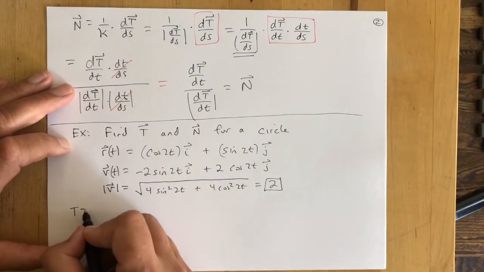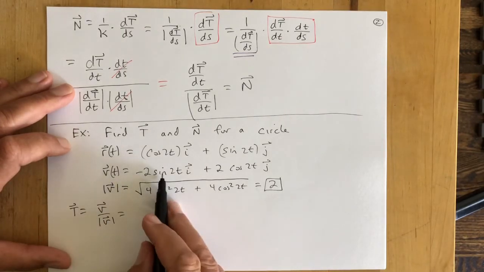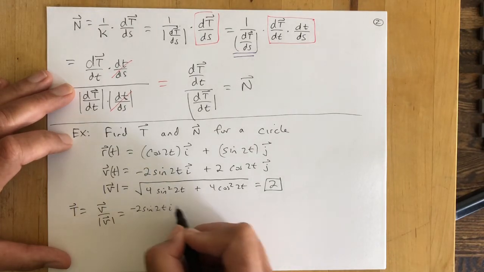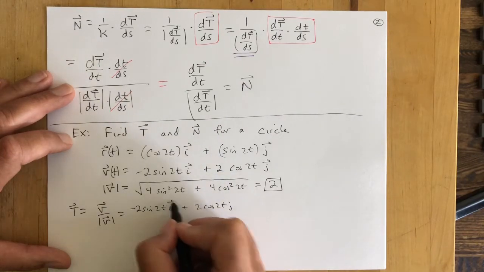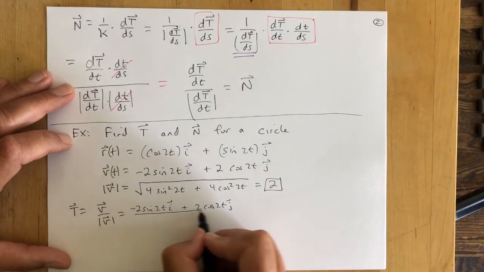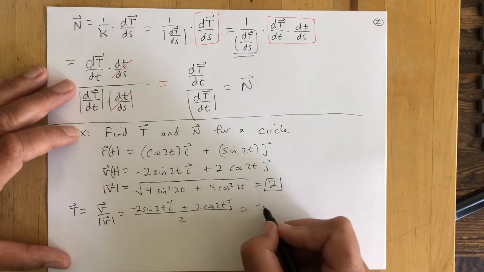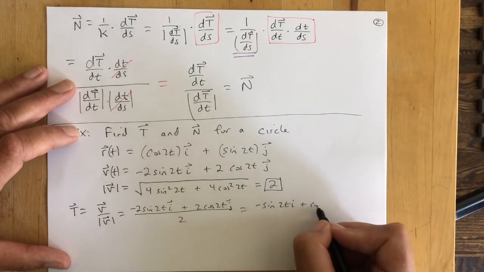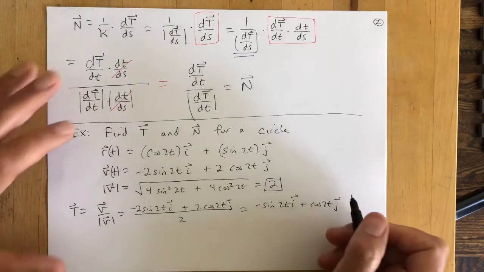So now we want to find T, which is v over its length. And that's minus 2 sine 2t i plus 2 cos 2t j all over 2. That's nice. So it's minus sine 2t i plus cos 2t j. Those are vectors.